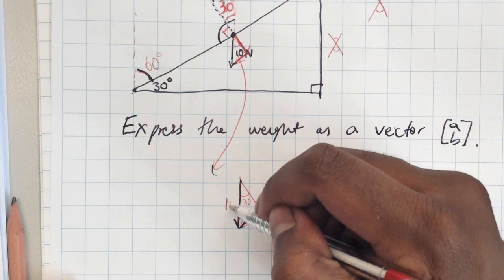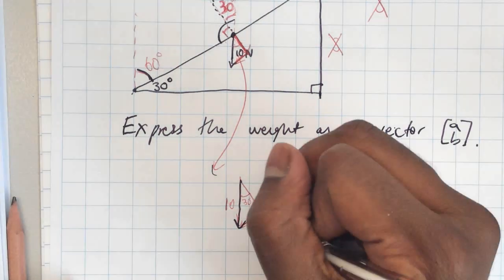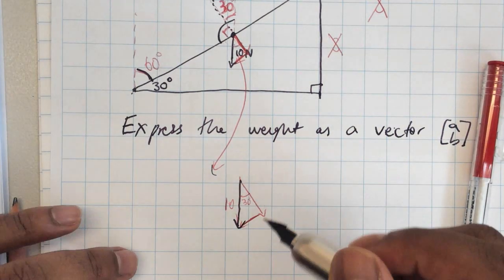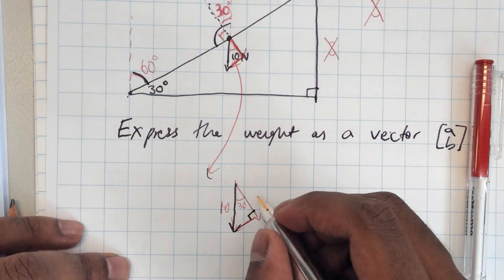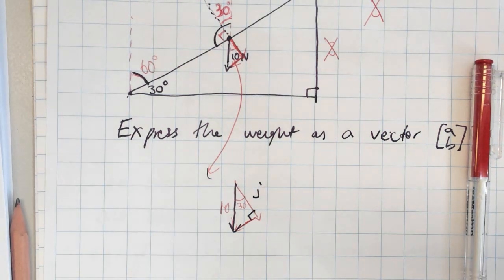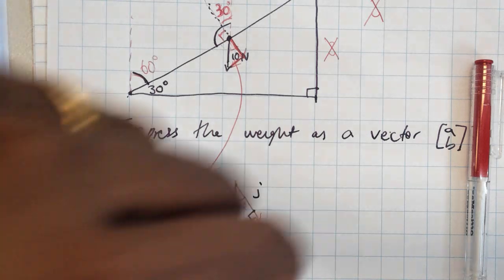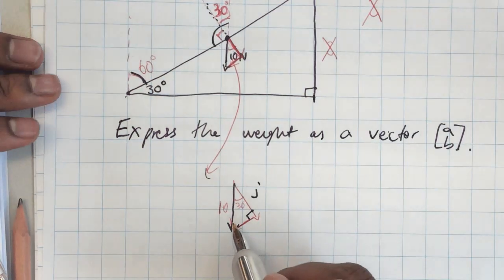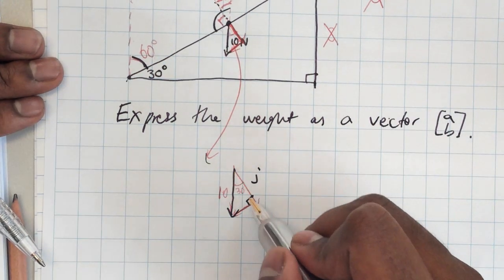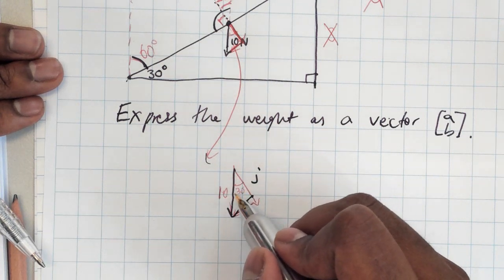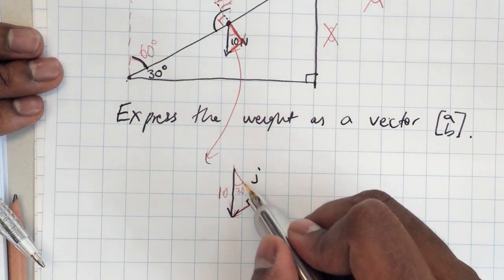And this is 10, and my right angle is here. How would I get my J component? We're going back to basics, back to chapter 4A. How do I go from the magnitude, from the resultant, to the I's and J's? Well, think of this as a triangle. If I wanted to find this side, how would I use trigonometry to find this side?